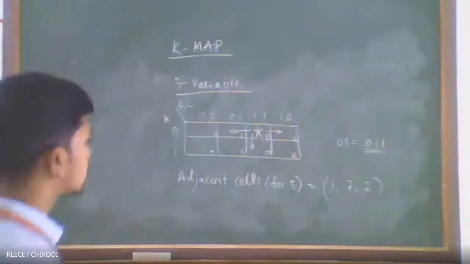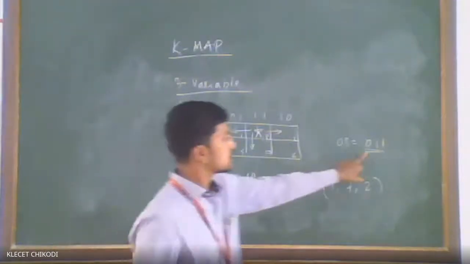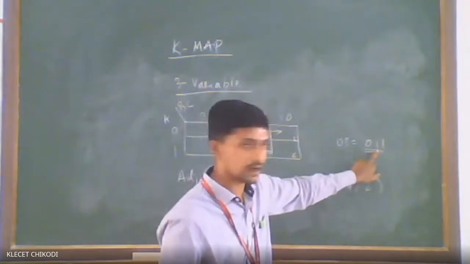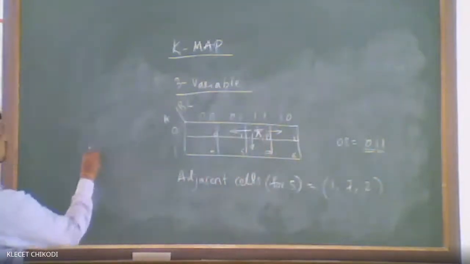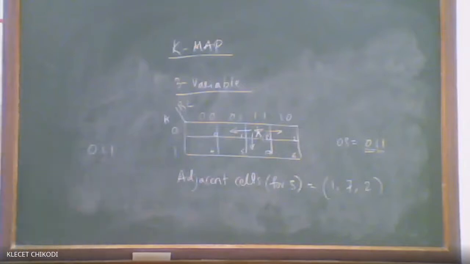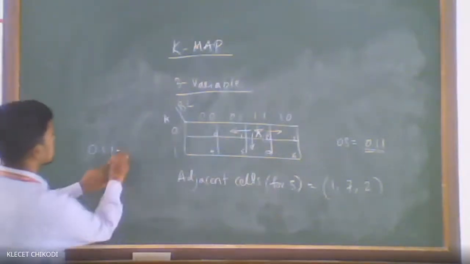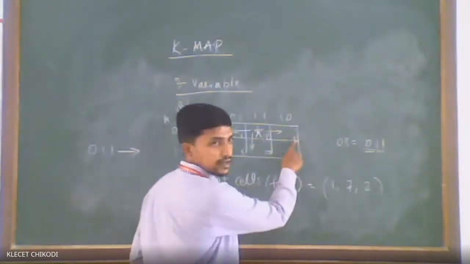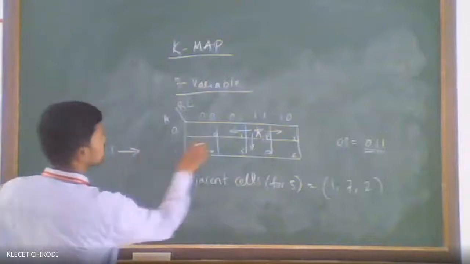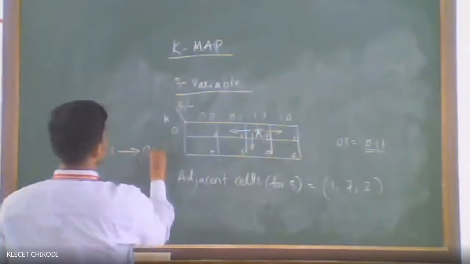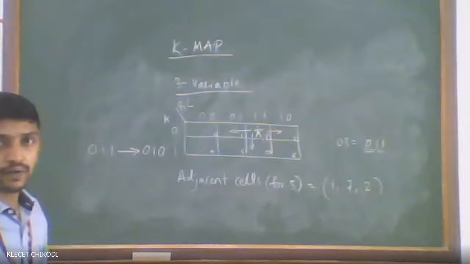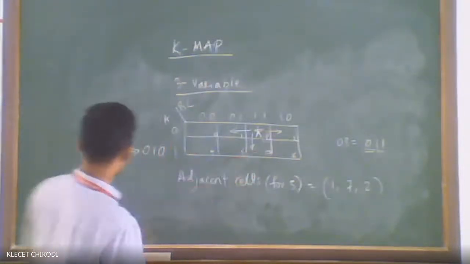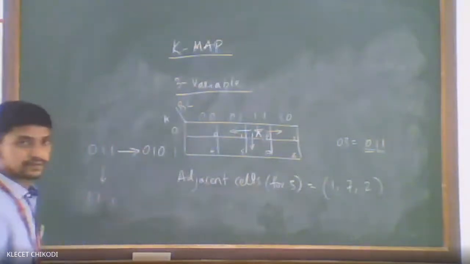Now you can see that I have written the binary number for 3, that is 0 1 1. I will write it here, 0 1 1. Now what are the adjacent cells here? This one is the second cell, so that will be the number 0 1 0. Again, the next adjacent cell is 7, so that will be 1 1 1.